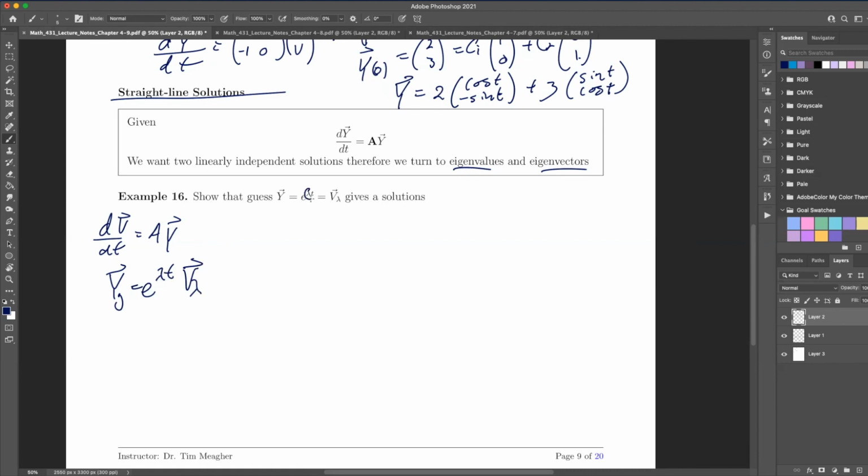Here I'm choosing lambda, and lambda by definition is going to be an eigenvalue for A, and v lambda will be the corresponding eigenvector.